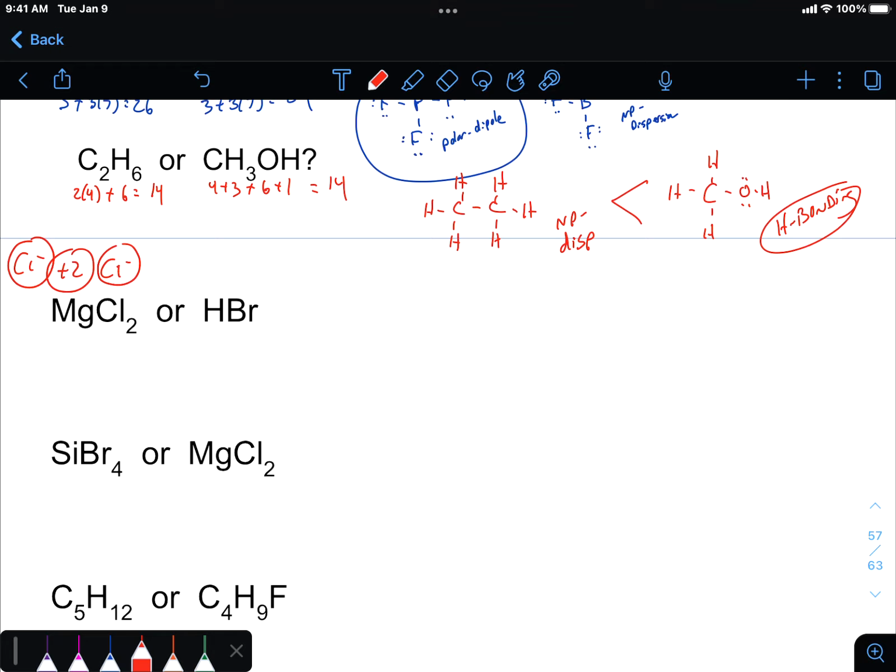Okay, and HBr is a simple small molecule. It's polar, which means it has dipole, but ionic is way stronger of an attraction than dipole attractions. It's not even close. So, no contest.